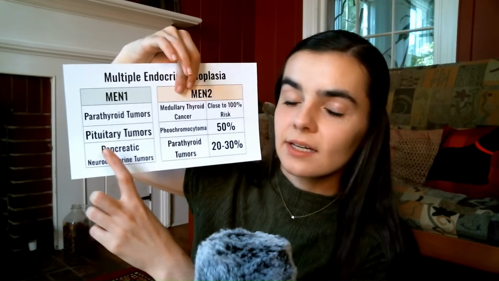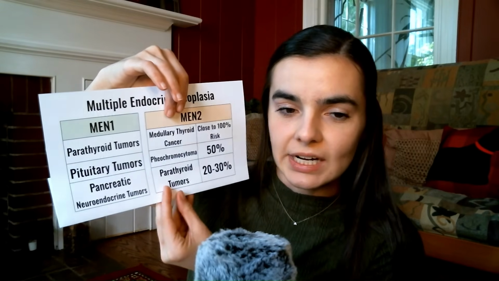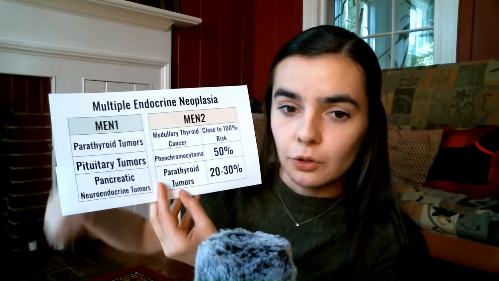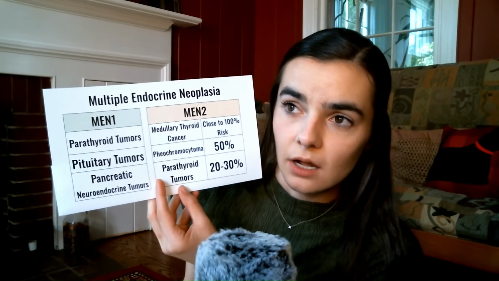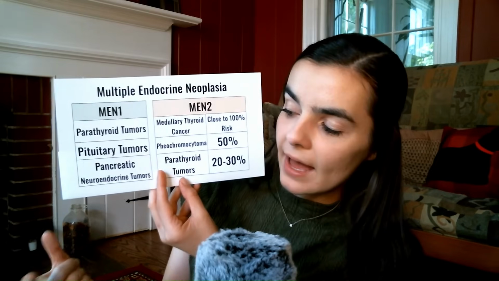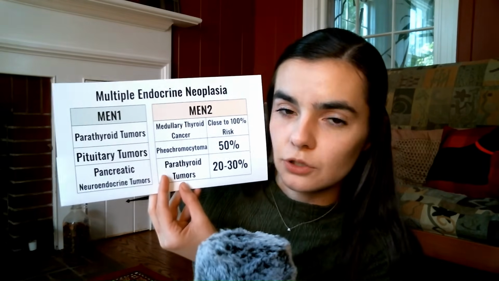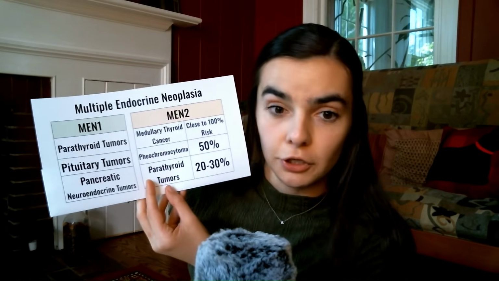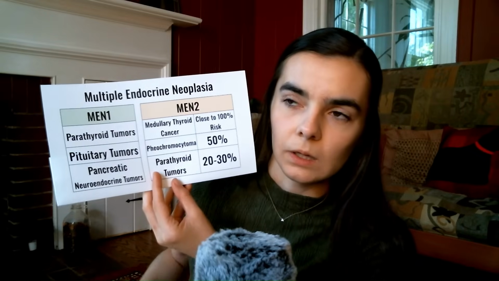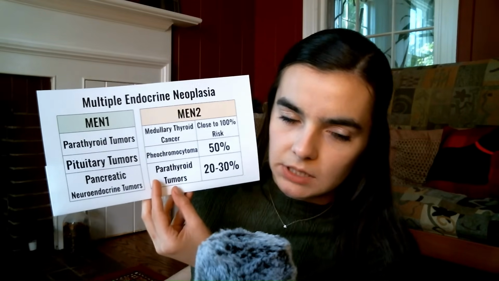The second P is pituitary tumors. So your pituitary gland is a gland in your brain, and people with MEN1 get tumors of that gland. And then pancreatic neuroendocrine tumors, or neuroendocrine tumors of the whole gastropancreatic system.